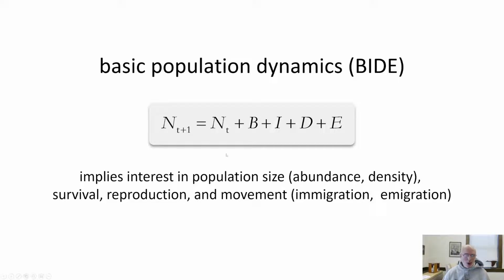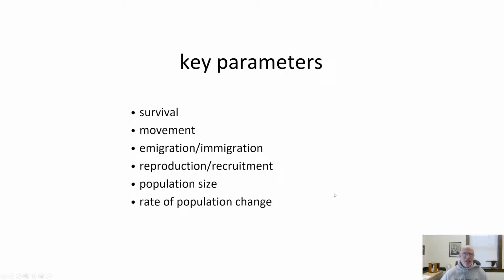And so population dynamics is largely motivated by interests in changes in the population abundance over space or time. And what we see in this expression, this canonical equation relating the population size differences between two different points in time as a function of the underlying processes, survival, reproduction, and movement, immigration and emigration being movement processes. And the key parameters represented in that expression have to do with survival.